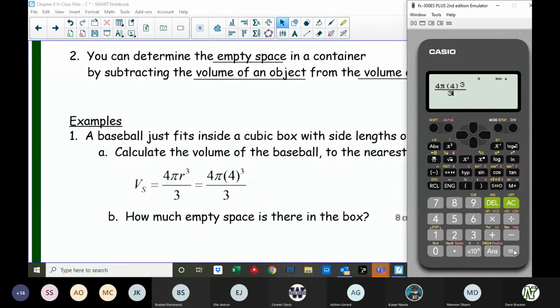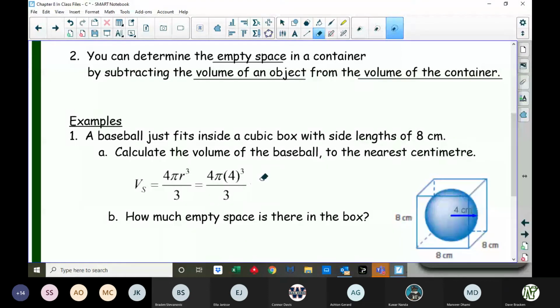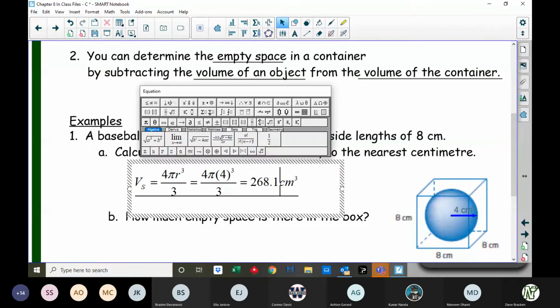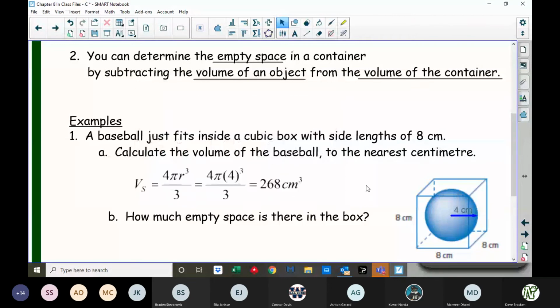Now, when I hit enter on mine, I'm going to get my answer in pi units, but I want to change this S to D. So I now have 268.0 or decimal 1, but it says to the nearest centimeter. So I'm going to get 268 centimeters cubed, nearest centimeter.